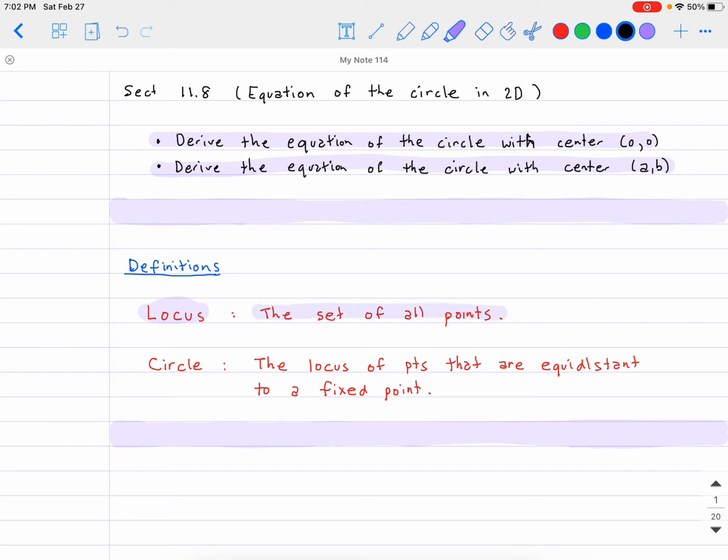So in replacement, you can say the locus of points, or rather than the set of all points. So when it comes to the equation of a circle, we want to define it by the following then. The circle is going to be defined as the locus of points that are equidistant to a fixed point. So that fixed point that we're talking about is going to be the center, and that distance that we're going to be looking at is going to be the radius then.